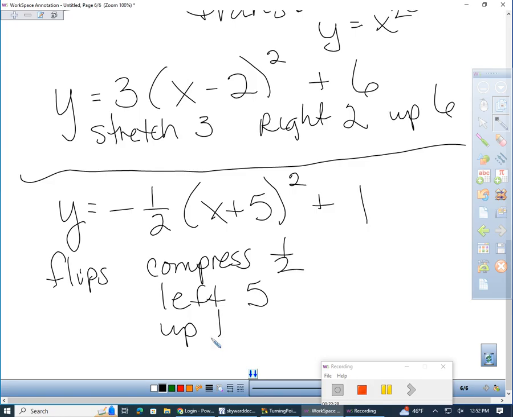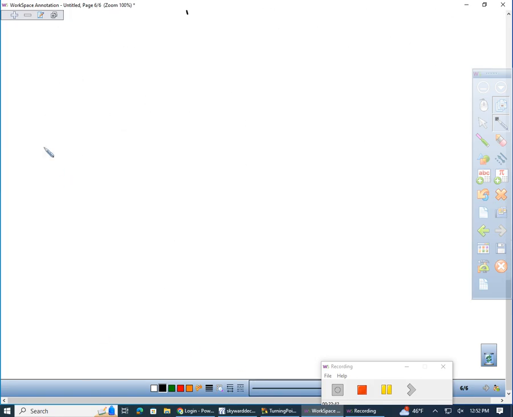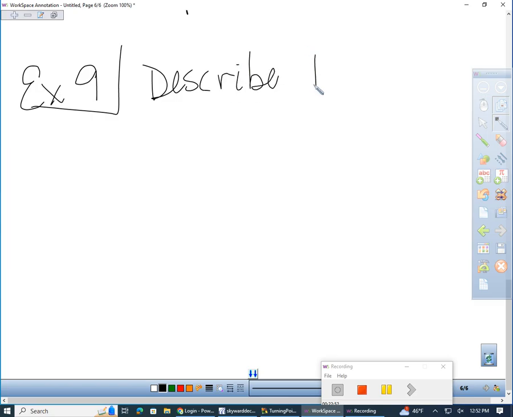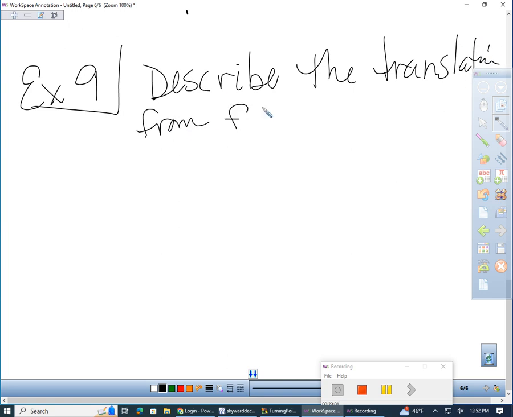Last one, I promise. This is it. I'm on what, 8? 9, really? Example 9. Yes, it is. Describe the translation from f of x to g of x.